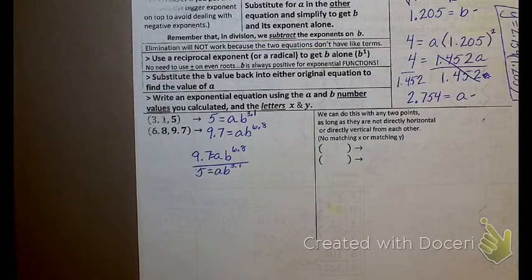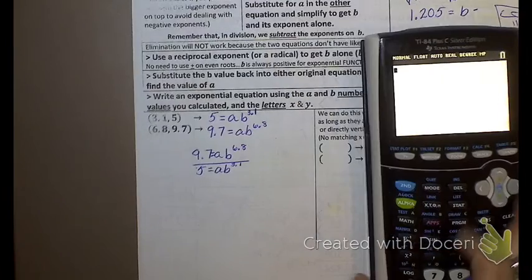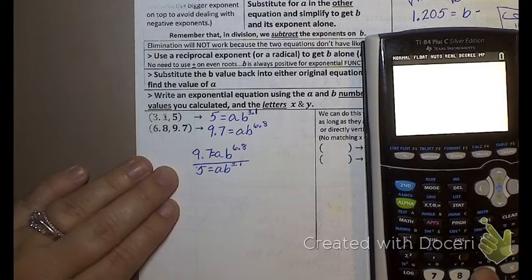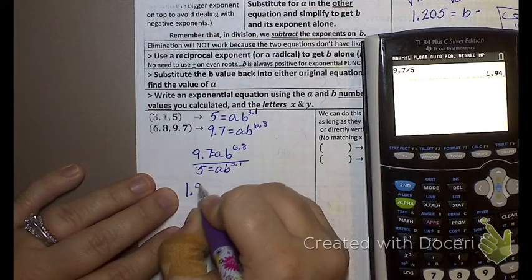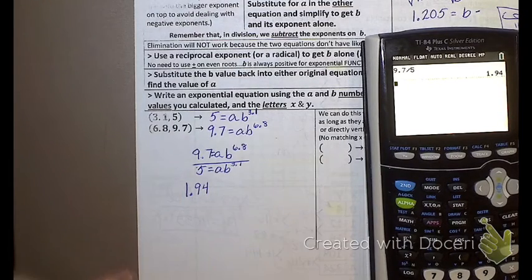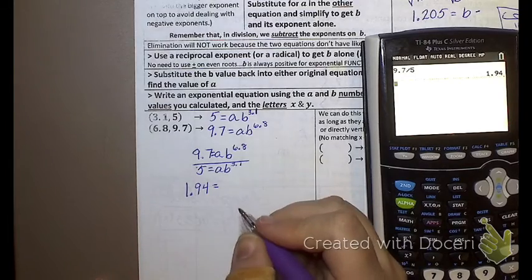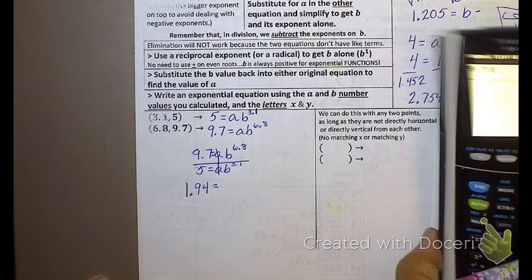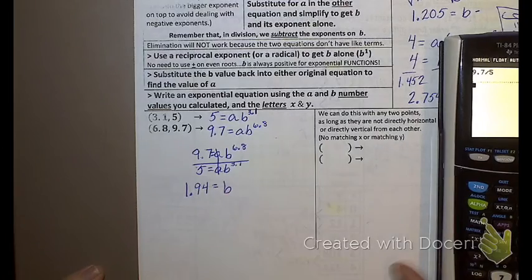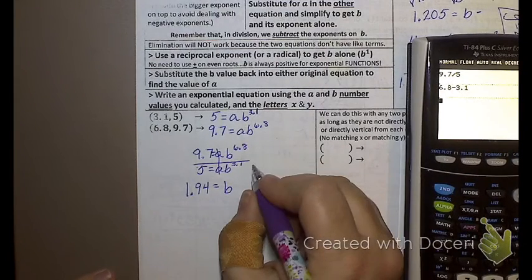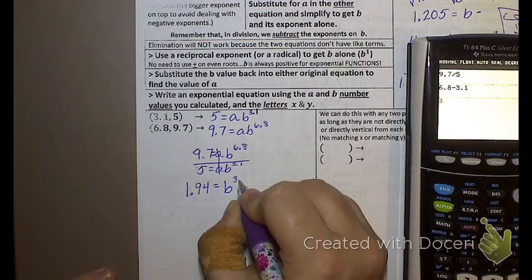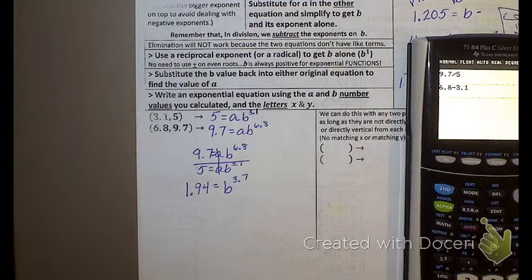Where do I start now? 9.7 divided by 5. 9.7 divided by 5 is 1.94. Equals, what happens to the a's? Cancel. And then b, how do I find out that exponent? 6.8 minus 3.1. What do I have? 3.7.